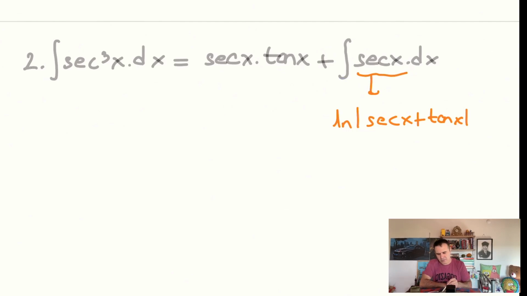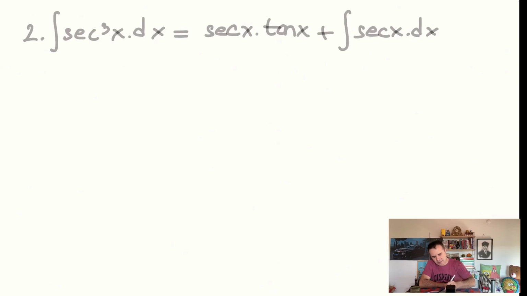And as you see, secant cube x dx will be equal to secant x times tangent x plus ln secant x plus tangent x divided by 2. But in this video I will show you how we will solve secant x dx again.